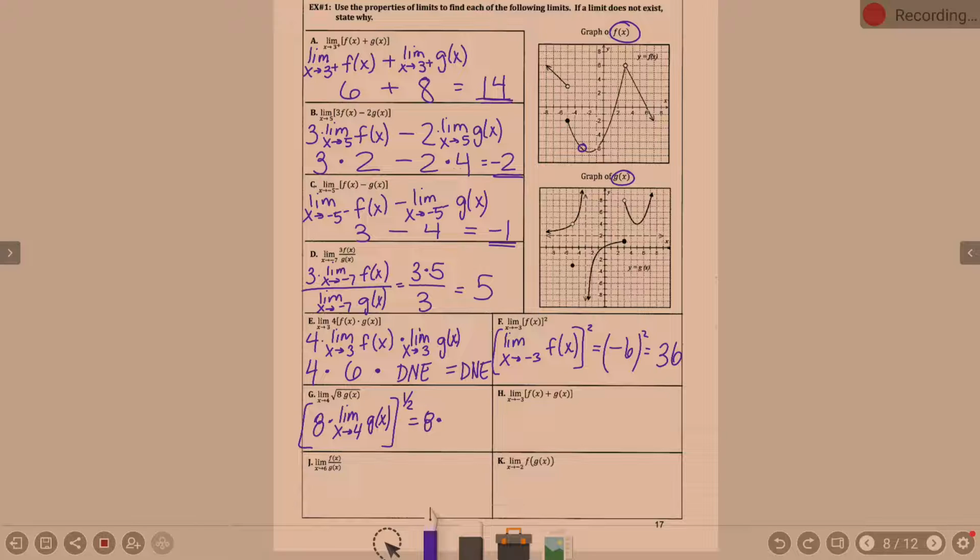What is the limit as x approaches 4 of g of x? 3 or 5. 5 is what I had. And then we're going to be doing the square root of 8 times 5. What are my options for how to express that? Square root of 40, or 2 square root of 10. 2 square root of 10. It's 4 times 10 is 40, and the square root of 4 is 2.